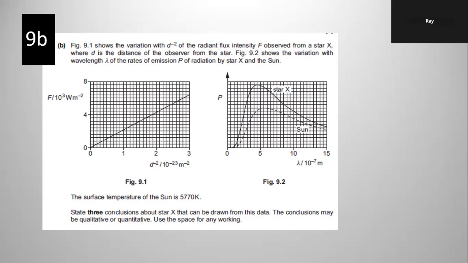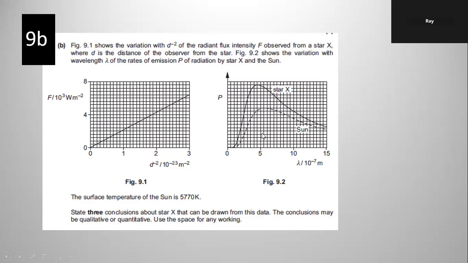Figure 9.1 shows the variation with 1 over d squared of the radiant flux intensity F, d to the power minus 2, observed for star X, where d is the distance of the observer from the star.